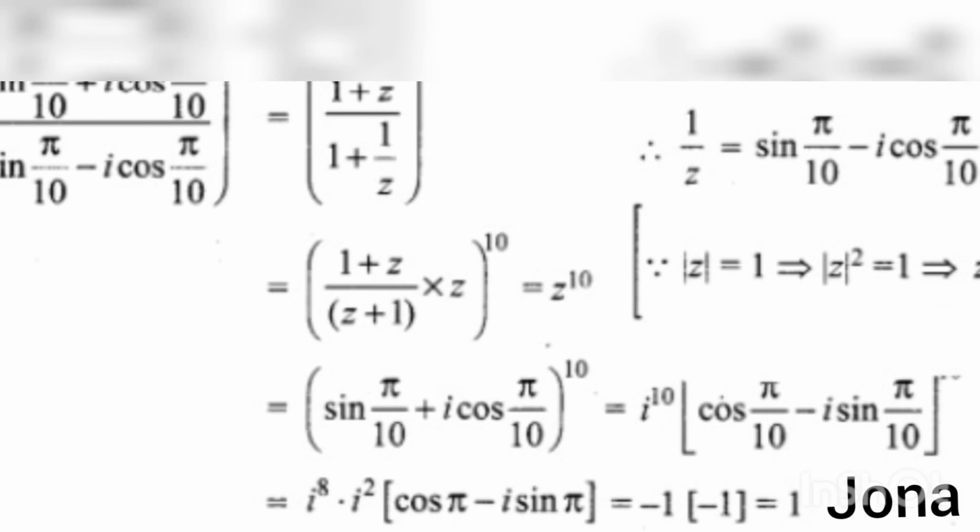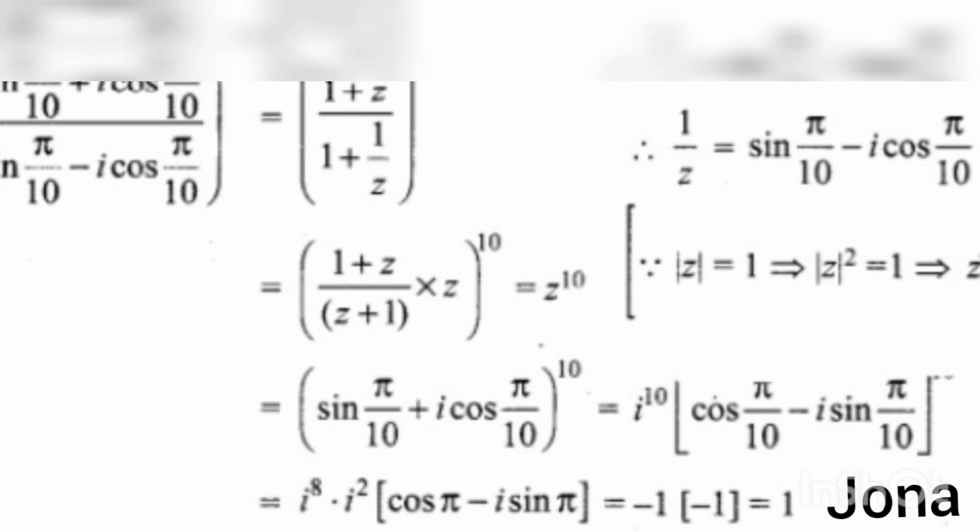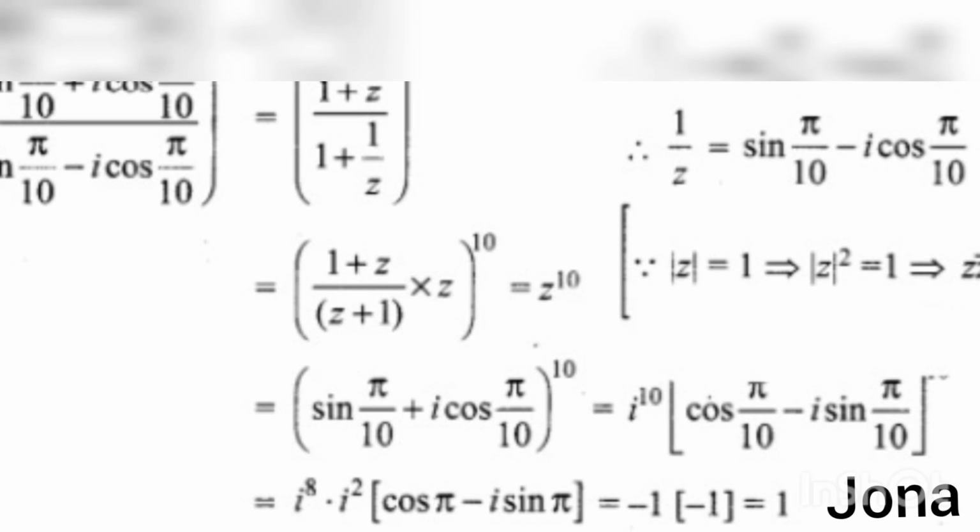Then we can write this in the format: take i power 10 as common here, so that it will be changed automatically. Cos pi by 10, the sign will be changed as minus i sin pi by 10. Here I can write this i power 10 as i power 8 into i square.